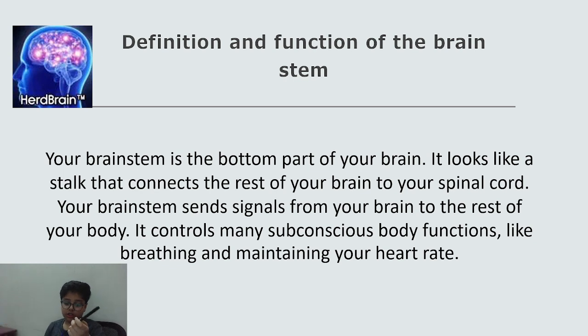These frictions are the spinal cord, and this ball pen is the brainstem. This brainstem is connected to the brain, which you can say is this book, and when it is connected, it connects the brain with the spinal cord.